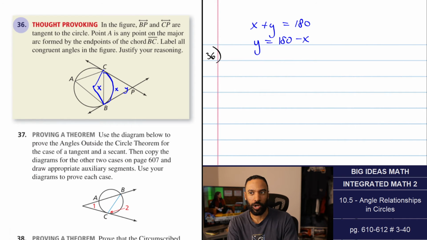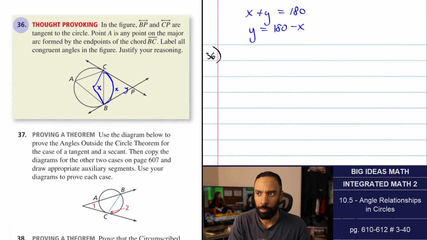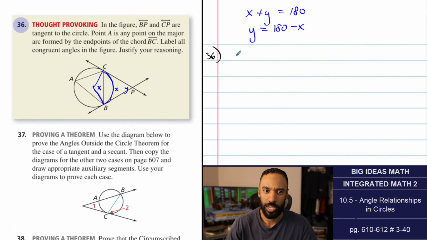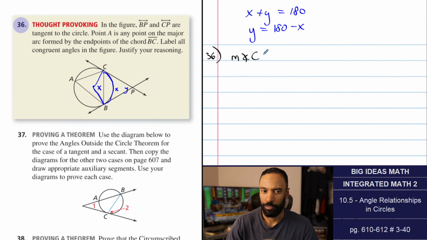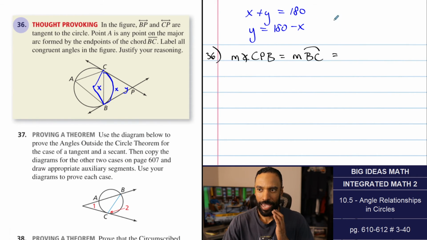Sorry, I'm talking to myself out loud, and now you get to hear it. I'm piecing it together. I don't need the central angle anymore, but the measure of angle CPB is equal to the measure of arc BC, and it's equal to double the measure of angle CAB, since angle A is an inscribed angle.